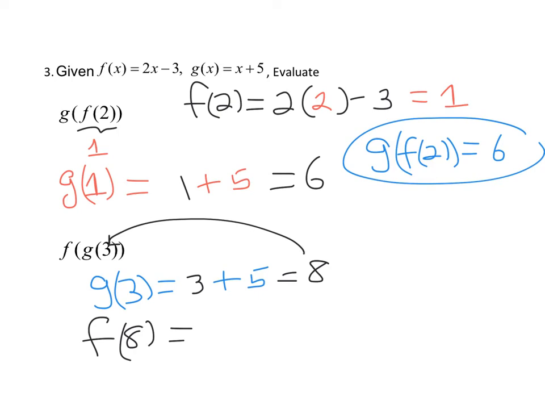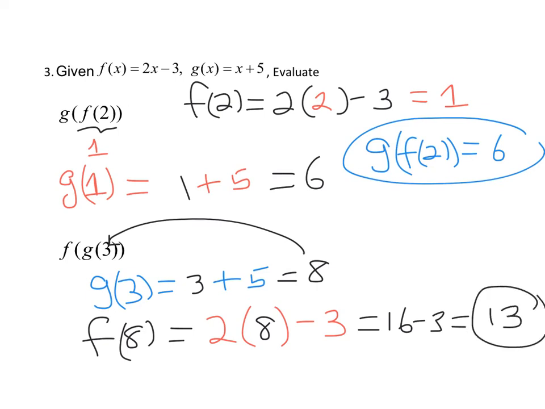So what do I get? I take the f function, 2 minus 3. So wherever there is x, I'm going to put 8. So I get 16 minus 3, which is equal to 13. And that's the answer right there.